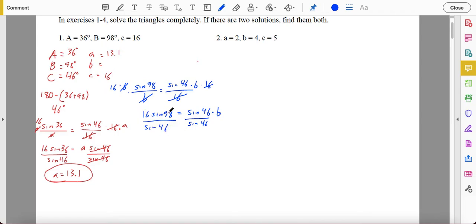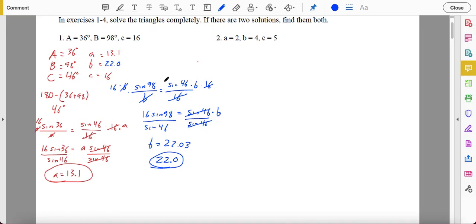So we're left with 16 sine 98 over sine 46 is equivalent to B. We can enter this into the calculator: 16 times the sine of 98 divided by the sine of 46. And we get that B is 22.03, which we can round to the nearest tenth as 22.0. So we found all of the solutions right here. Okay.